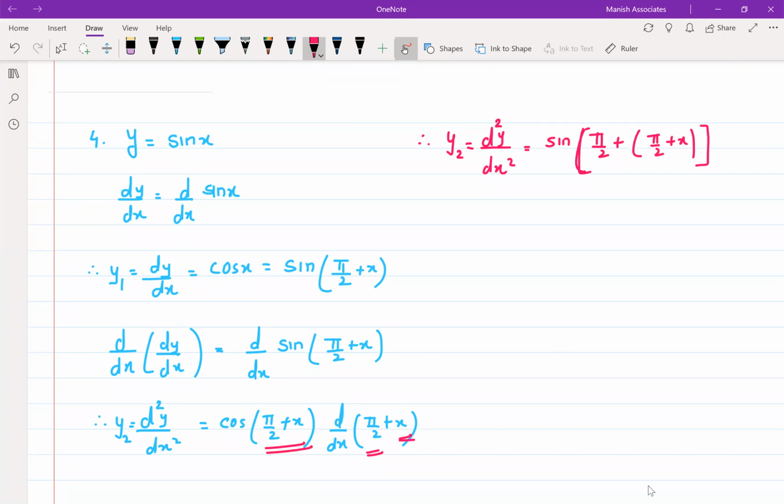So eventually I can write y2, which is same as d2y by dx2, as sine of pi by 2 plus pi by 2 is 2 times pi by 2 plus x. Don't cancel the 2, okay? I'm sure you'll understand why I'm keeping it that way.